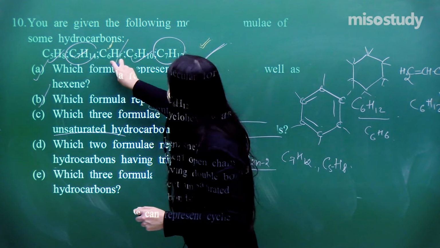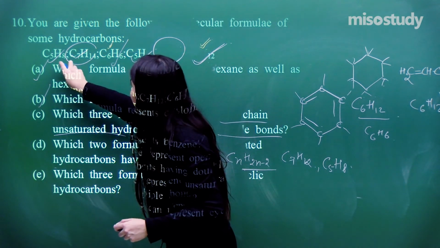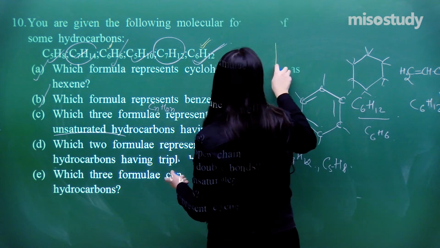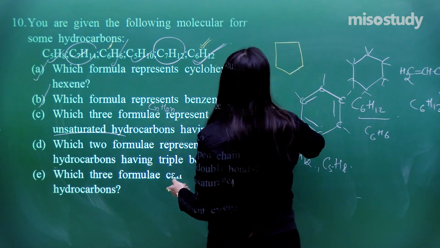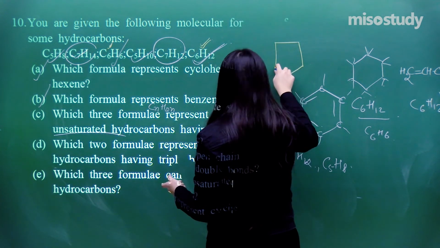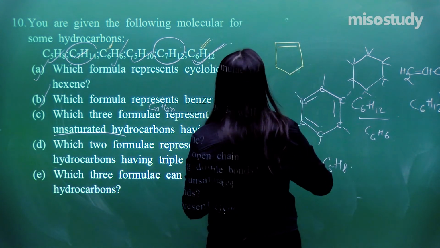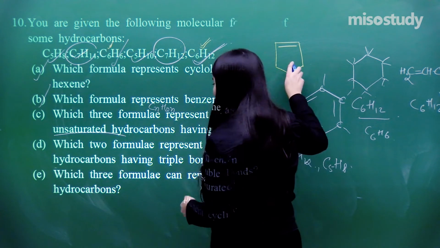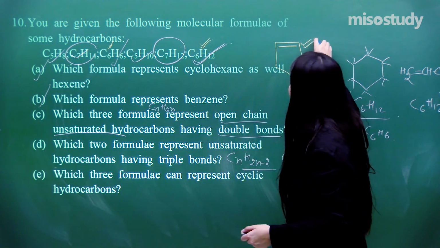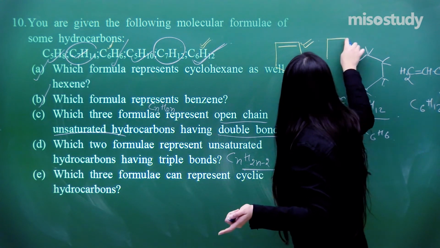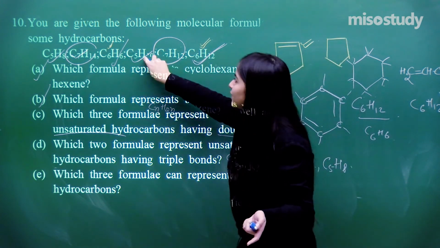See here, one option is C5H8. Can I make any compound related to that? Let's see. C5 and H8, 1, 2, 3, 4, 5, 6, 7, 8, 9, 10. Can I do that? Yes. This is also done. Yes, this can be a cyclic compound. So, C5H8 can be one, or maybe just cyclopentane, C5H10 also.